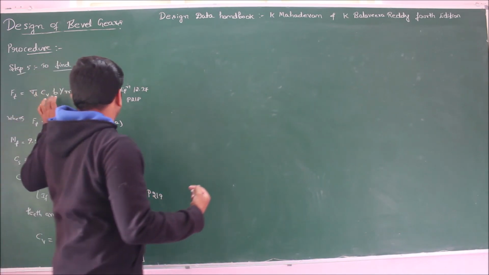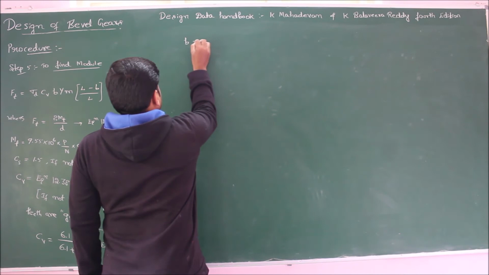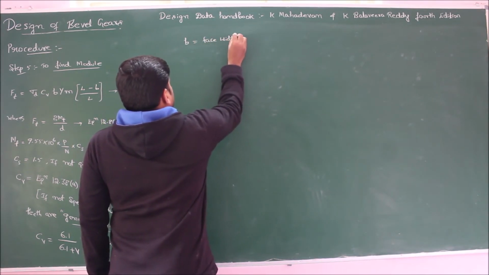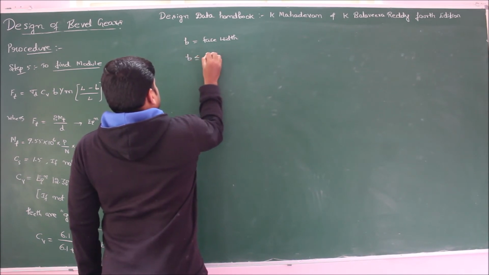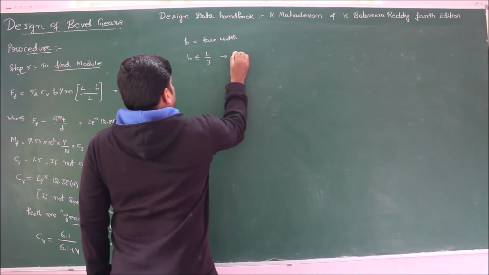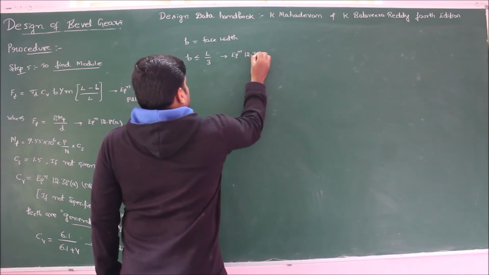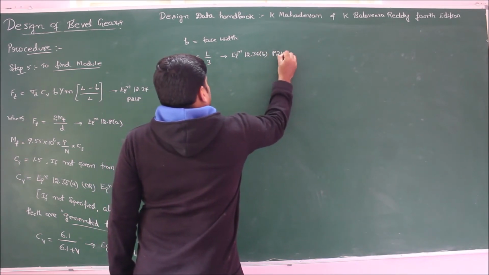Next, moving for B, it's nothing but face width. B must be less than or equal to L by 3 from equation 12.36B of page number 218.